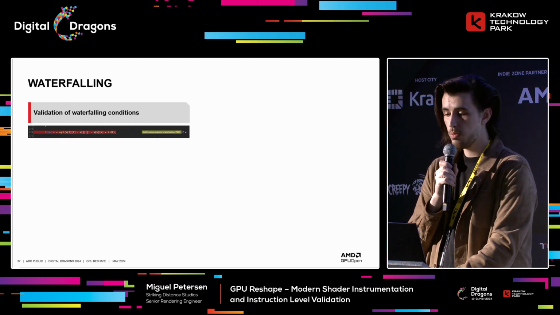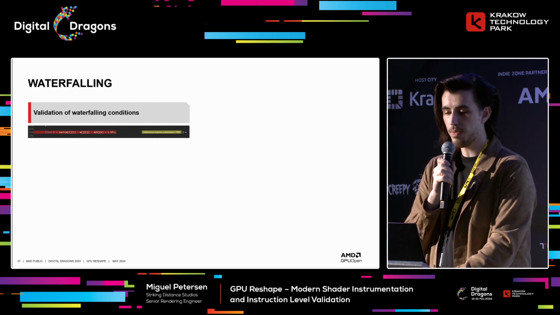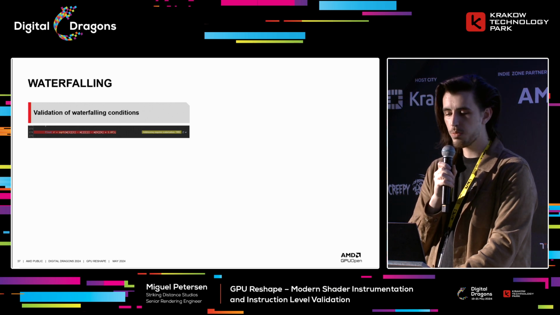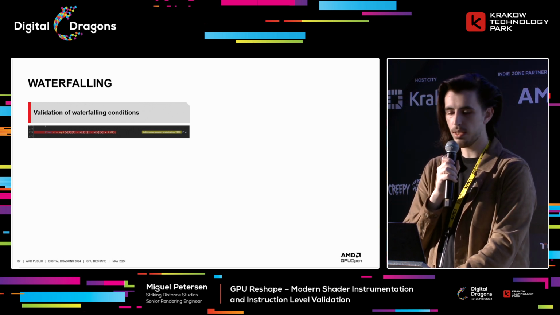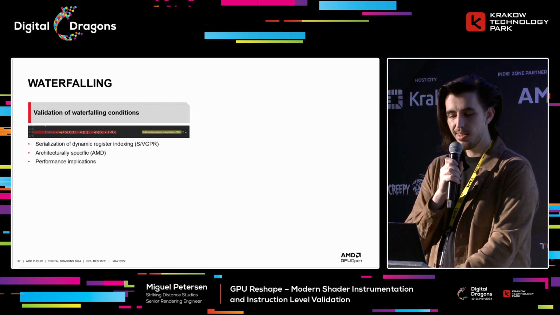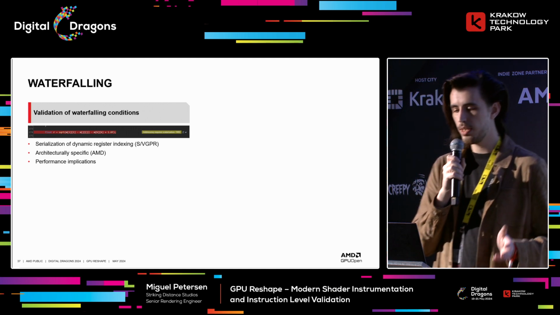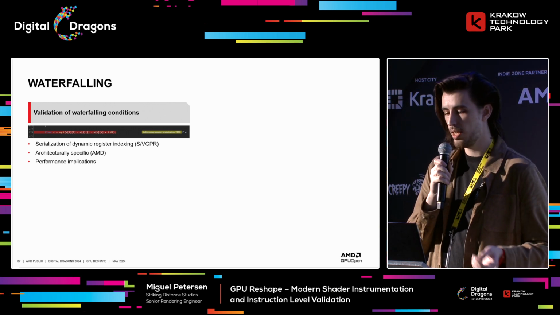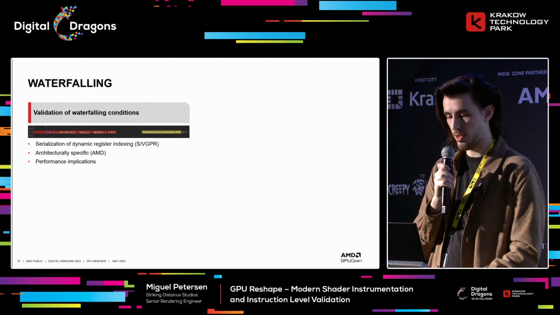So, okay, descriptors are good. The data is valid. It's probably thread safe. But sometimes there's hardware particularities. And one of these things is called waterfalling. The thing is that dynamic register indexing of both SGPRs and VGPRs has to be serialized in hardware. This has vast performance implications.